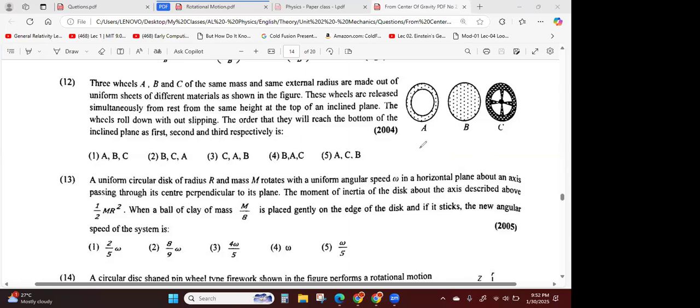You can see A has the greatest inertia, IA is the greatest, then IC is second, and IB is the smallest. So A will take the largest time. In the order they reach the bottom of the inclined plane, A comes last, then C, then B. So the second option, your answer is correct. Very good. And do the 13th question.